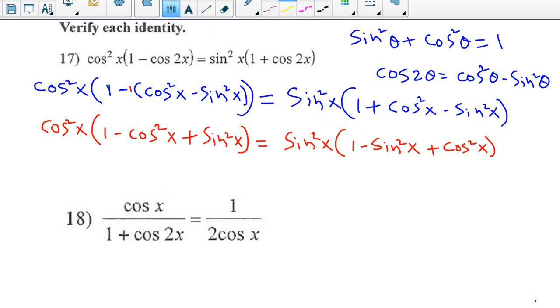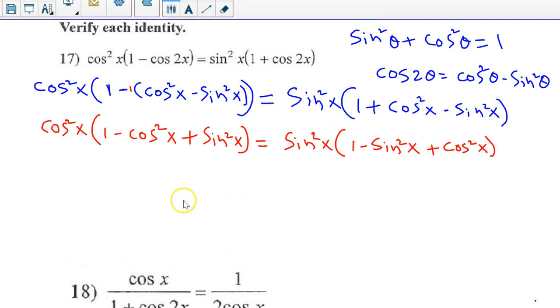Okay, now what happens? Next step, I have cosine square x times, what is 1 minus cosine square x? From the Pythagorean identity, sine square theta plus cosine square theta equal to 1.